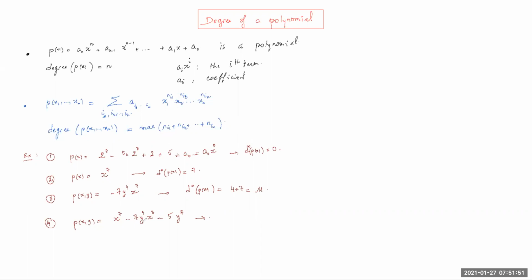This term is like the previous one, 4 and 7, so we know it's 11, and this one will be 7. So the highest among them will be the degree of p of x. It is the maximum among 7, 11 and 7. So it will be 11.